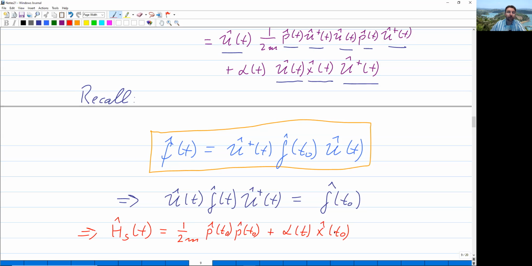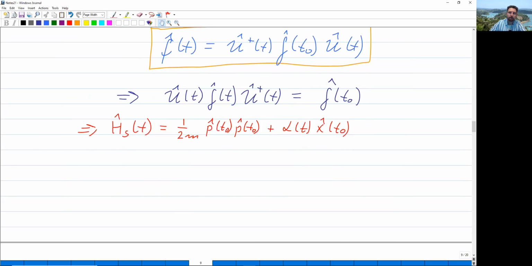And now we did get rid of the time evolution operators.